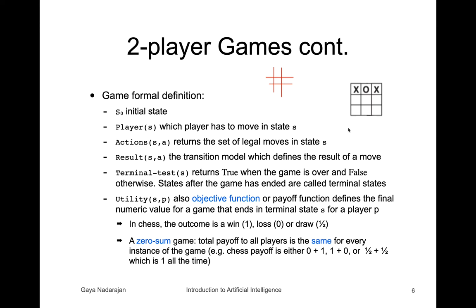If you look at this particular state, because this is noughts and crosses, tic-tac-toe, since you see 2 X's and 1 naught, you imagine that maybe X had started and then naught went and then X. So in this case, the player who has to make a move is probably naught, because as you can see, it's only got 1 naught there, so it's naught's turn to play. So the player in this case is going to be the player who's playing naught. Maybe they're Min. We'll look at that later.